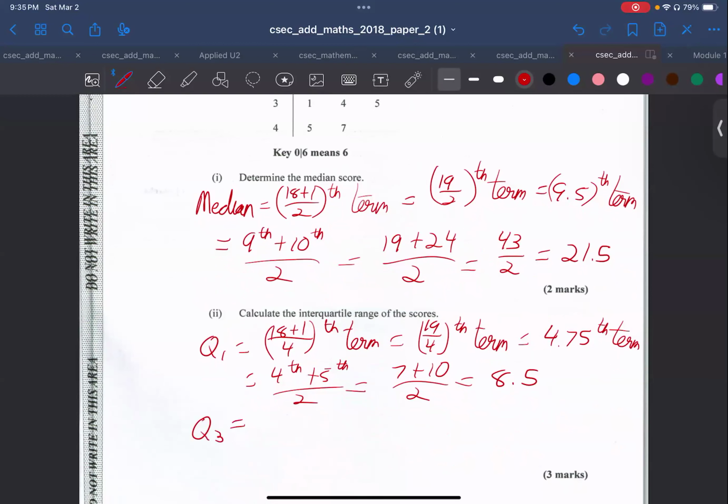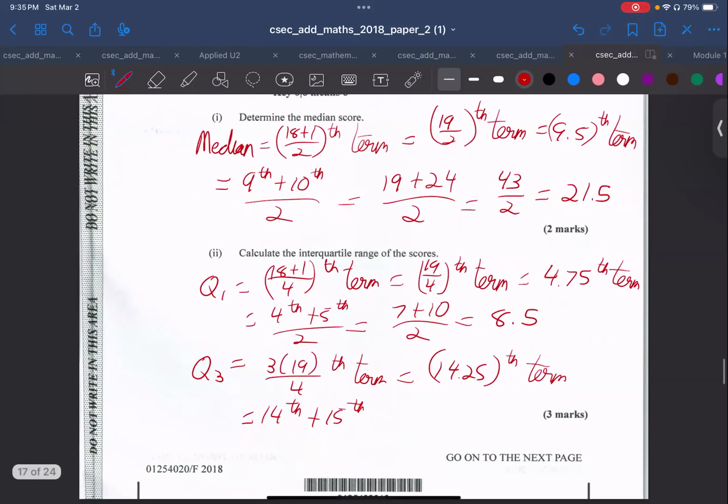Q3 is 3 times 19 over 4 term, which is the 14.25 term, which is the 14th plus 15th over 2.